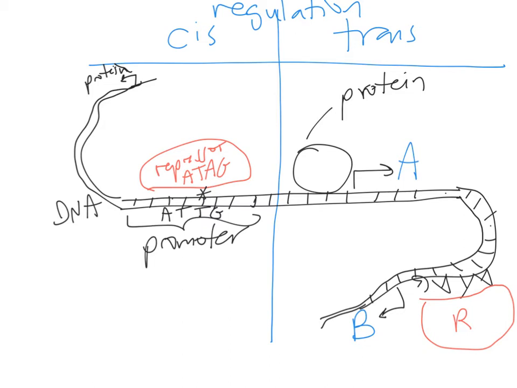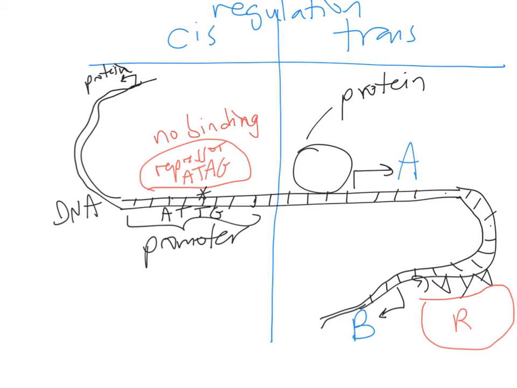So we don't see that. No binding. So that means that in this circumstance we get production of protein B, we get no production of protein A.